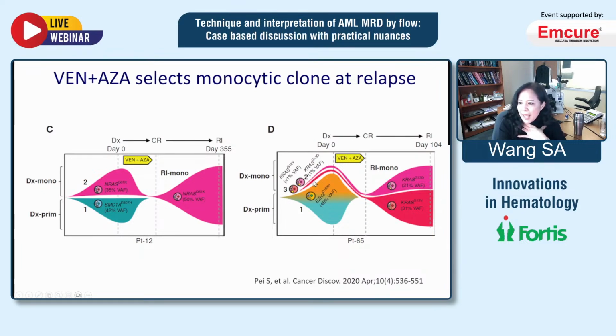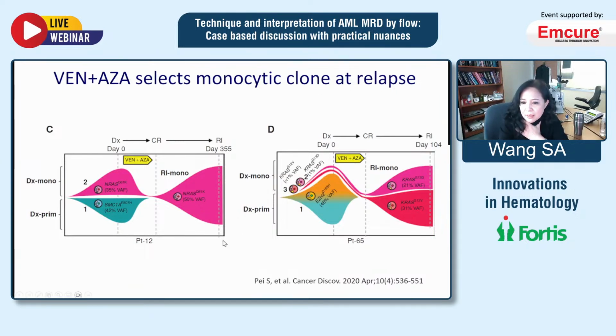Even if you have a very small number of monocytes at diagnosis, if this case has KRAS, at the time of relapse you actually have significant expansion of these KRAS-containing cells. So this explains why monocytic leukemia becomes quite important to monitor.